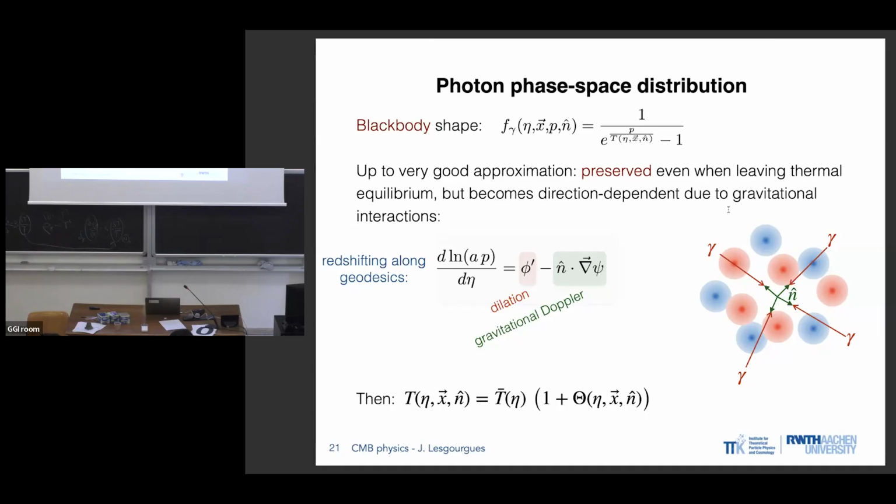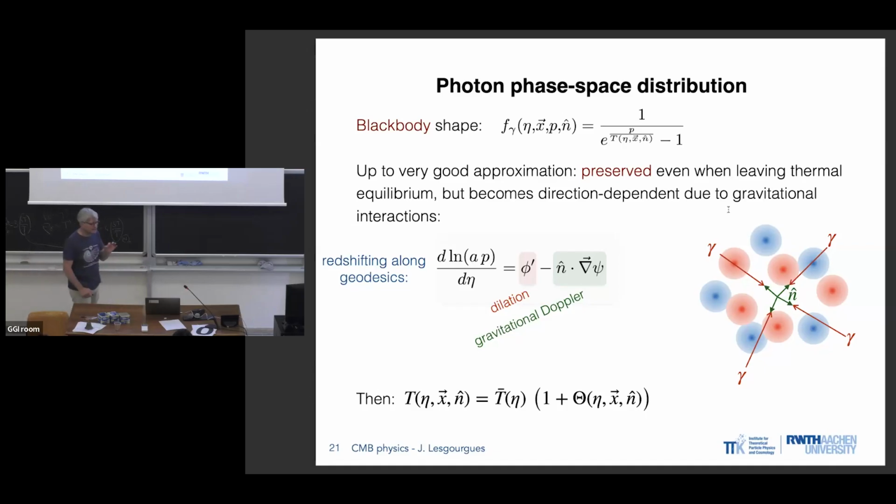I'm not sure I got it right. You're saying that the moment you would allow for eta to be dependent on P, then you should also allow the distribution not to be a Bose-Einstein distribution? Yes, the same order effect.